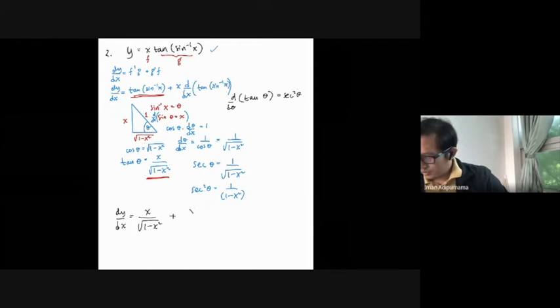Plus x times 1 minus x squared for the tangent. And then you need to multiply with the sine inverse, where's my sine inverse? This, right?